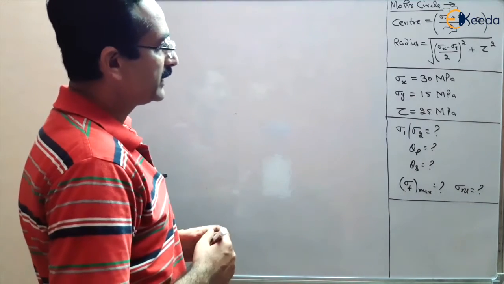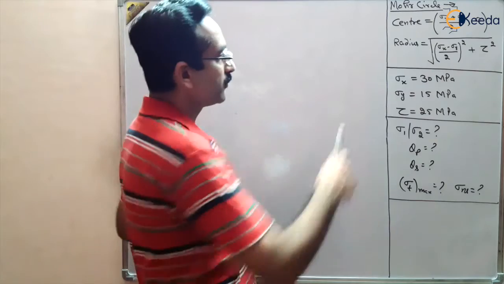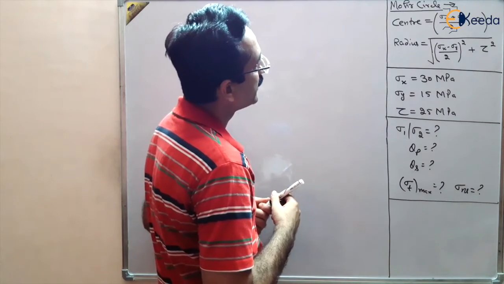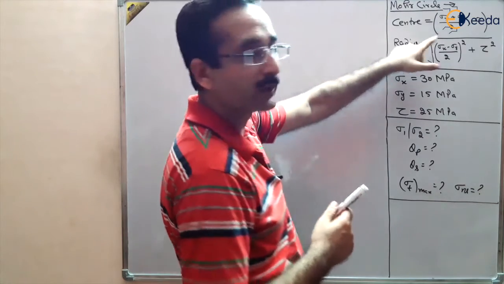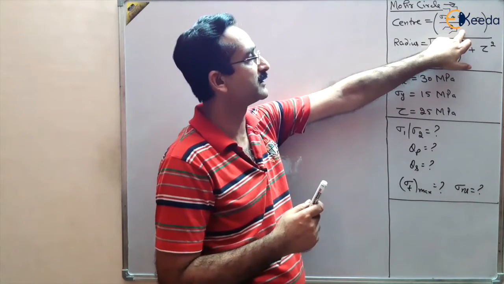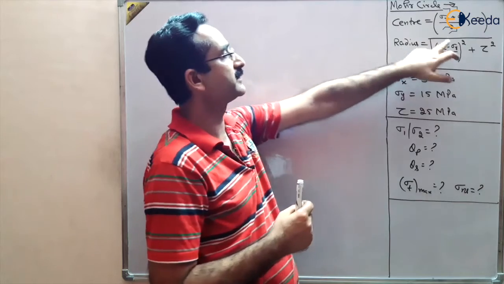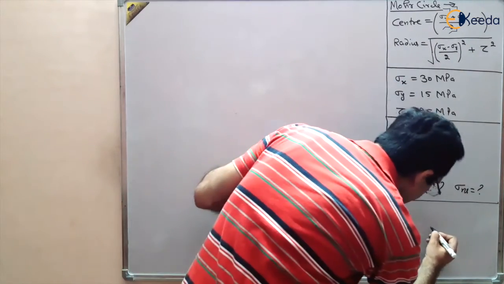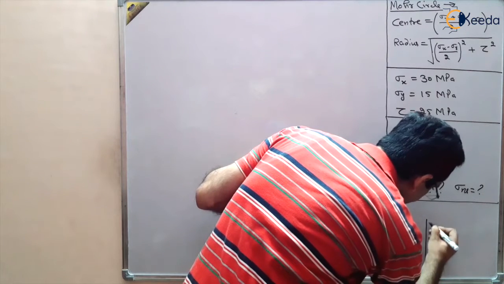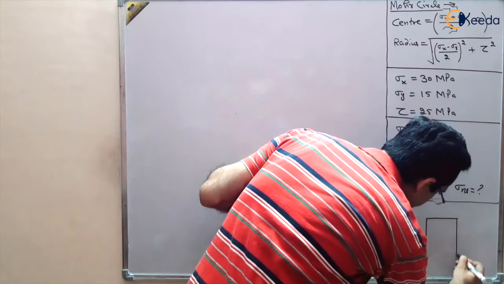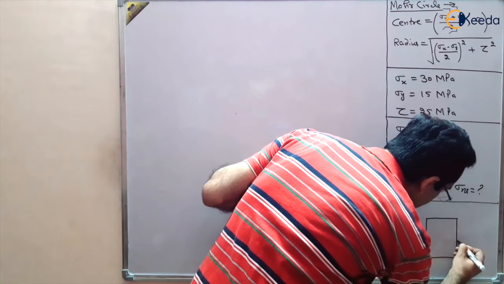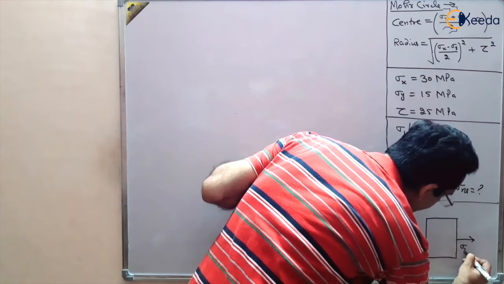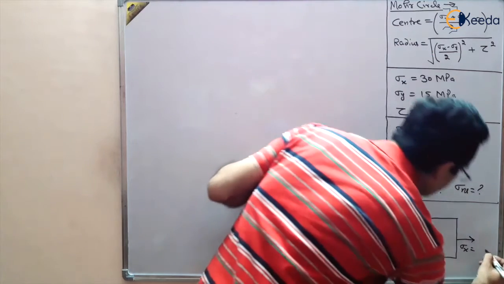So let us make the stress element of this and then draw the Mohr circle. Remember the formulas: center is given by this coordinate point, and radius is given by this equation. So let us draw the stress element for this first. This is our stress element, in which this is our sigma x, which is given to be 30 megapascal.